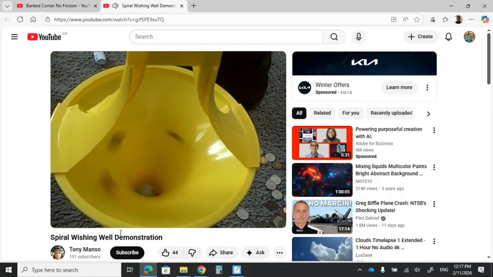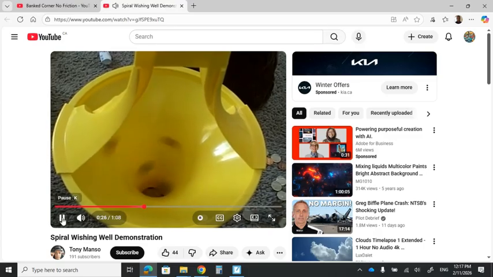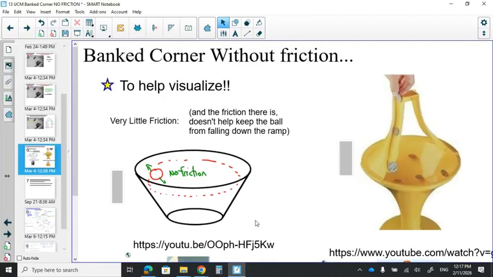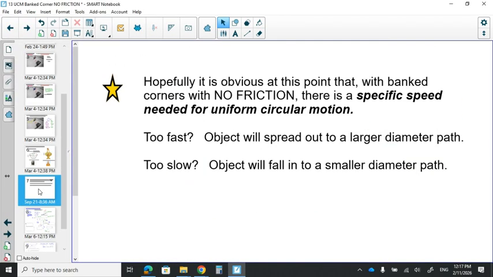See how long they go there, right? It's quite a while for them to burn off all of that energy that they got from going down this little slope. So those are both uniform circular motion examples for us to visualize, okay?